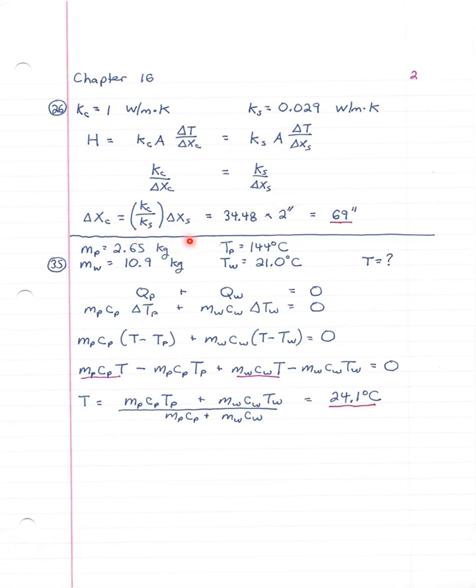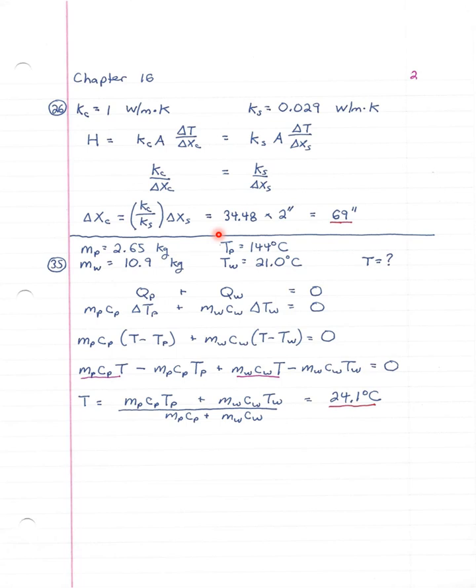It becomes the thickness of the styrofoam times the ratio of those thermal conductivities, K of concrete divided by K of styrofoam. And what we get is that ratio of the thermal conductivities is 34.48.